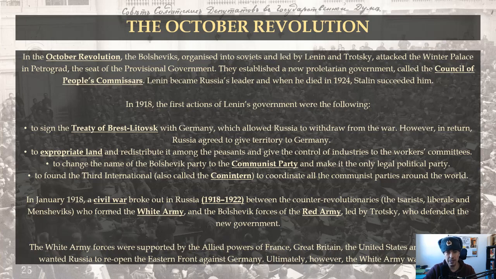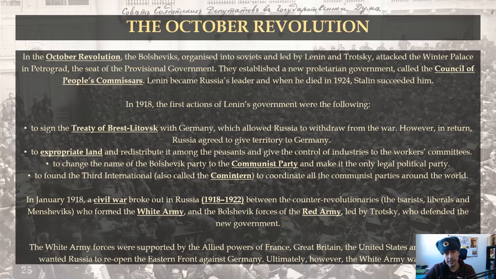The Red Army, the army of the newly formed government, fought the White Army, which were the people who supported the Tsar, or who supported the liberals or the bourgeois.